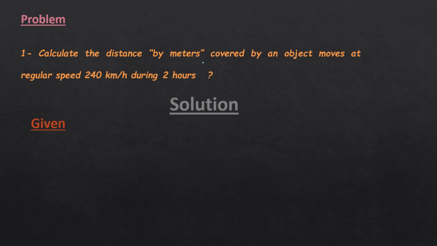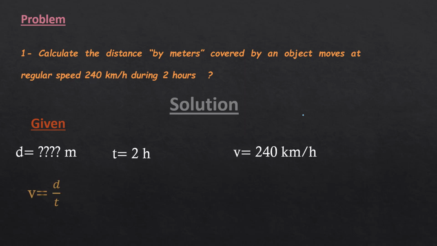First, the given here is the distance. He told me calculate the distance, so we don't know the distance, but he wants the distance in meters, not in kilometers. It's a very important note. The second given is the time. The time is 2 hours. The third given is the speed, 240 kilometers per hour.